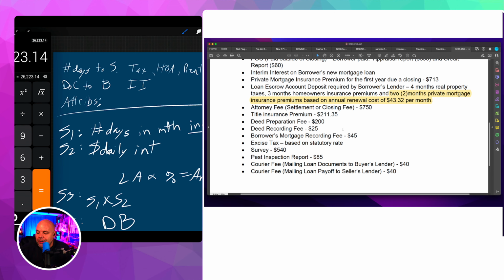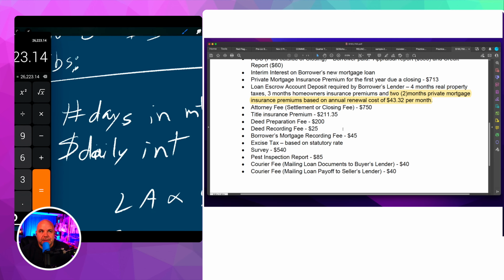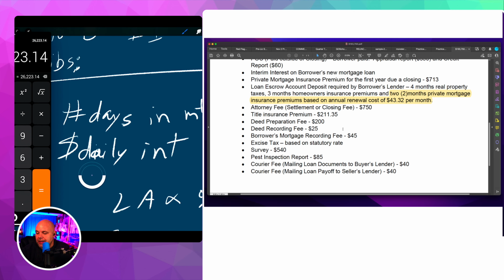Step 2, calculating the daily interest. And to do that, we need the loan amount times the interest rate.